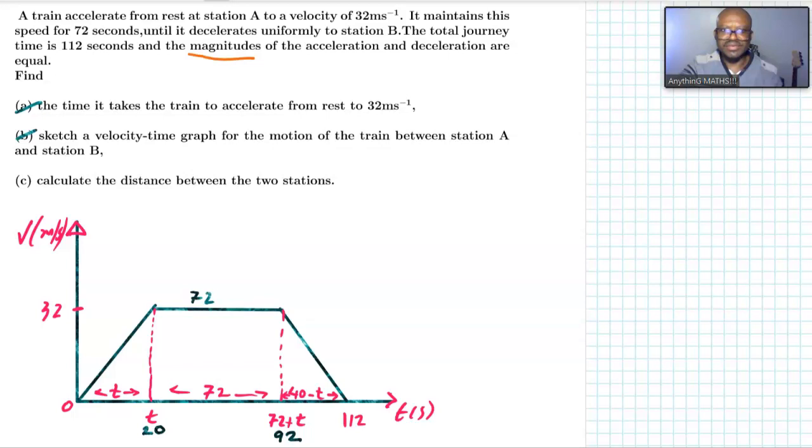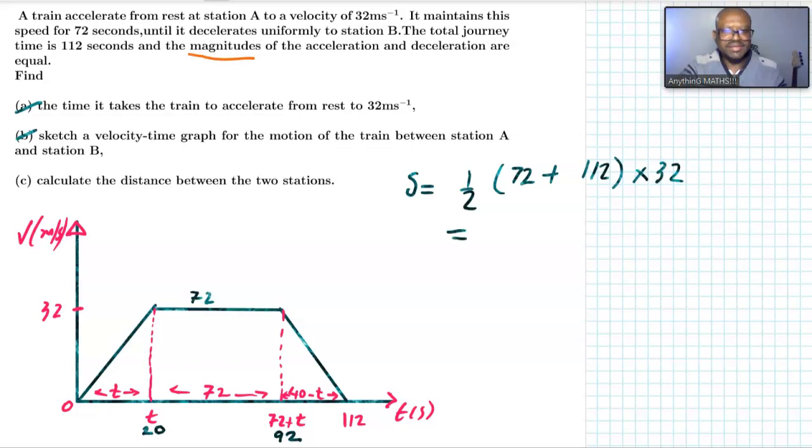So we know that the area under the velocity time graph is also the distance traveled. So it means that the distance will be half of 72 plus 112 times 32.